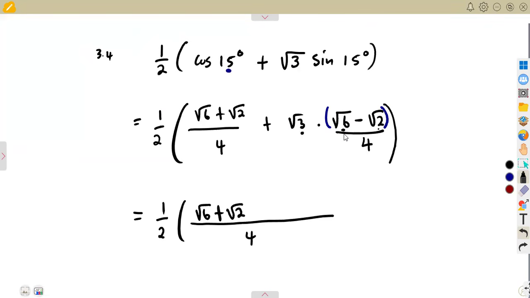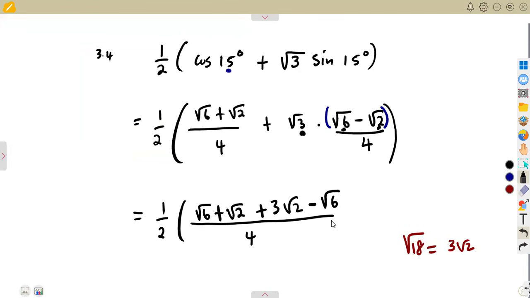So it's the square root of 3 times the square root of 6, which is going to be the square root of 18. And the square root of 18 is 3 square root of 2. This you can just press on your calculator, guys. There's no need for you to show anything there. So that was going to be 3 square root of 2. The square root of 3 times the square root of minus 2, that is the minus square root of 2, that is square root of 6.